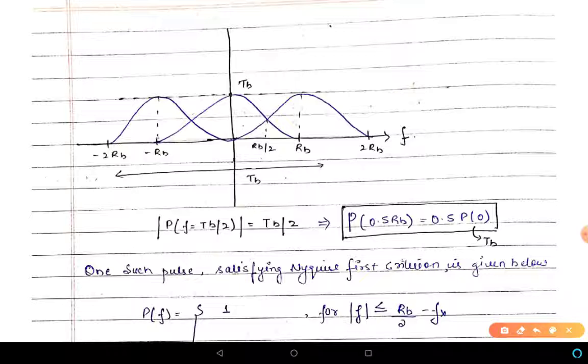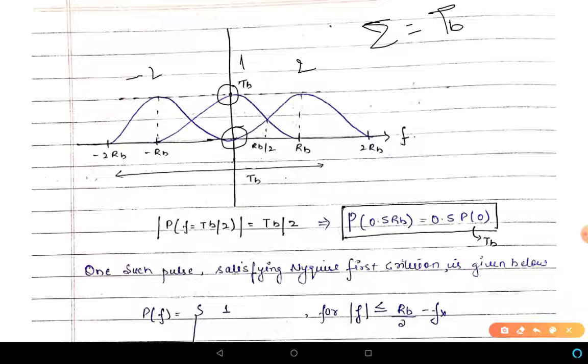At f equal to 0, this is the first, this is the second, and this is the minus second pulse. So at f equal to 0, the first pulse is maximum, and the second pulse is 0, and the minus second pulse is 0. That is why the sum of all pulses is Tb.